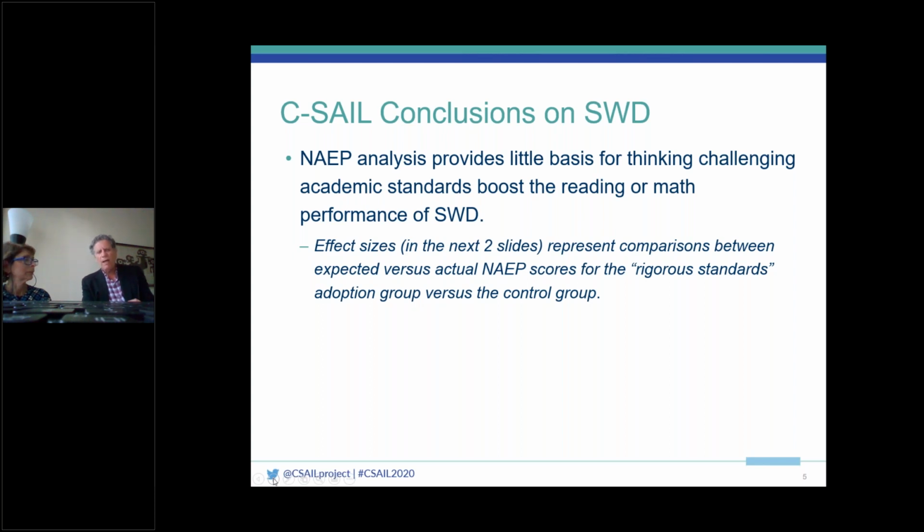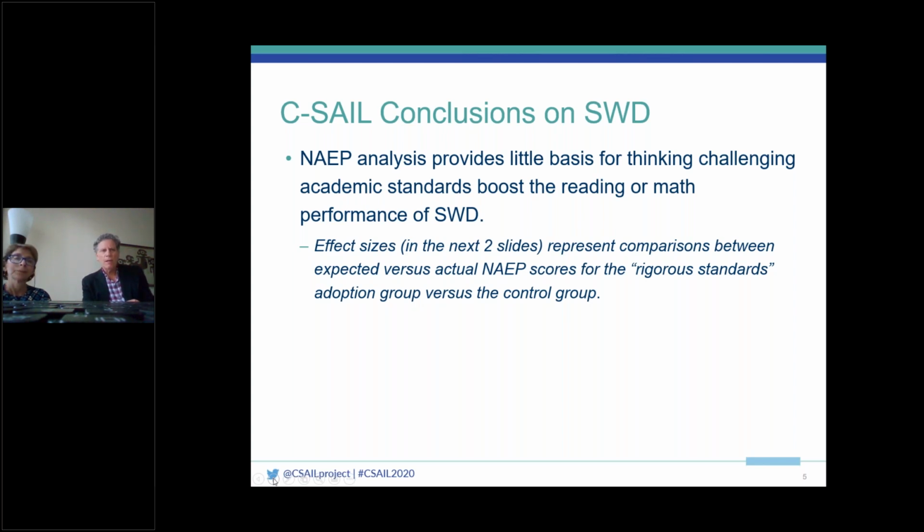The reason being that the difference between their earlier, presumably less rigorous standards to now their more rigorous standards would reveal the kind of positive response that lots of folks who support challenging standards would expect.